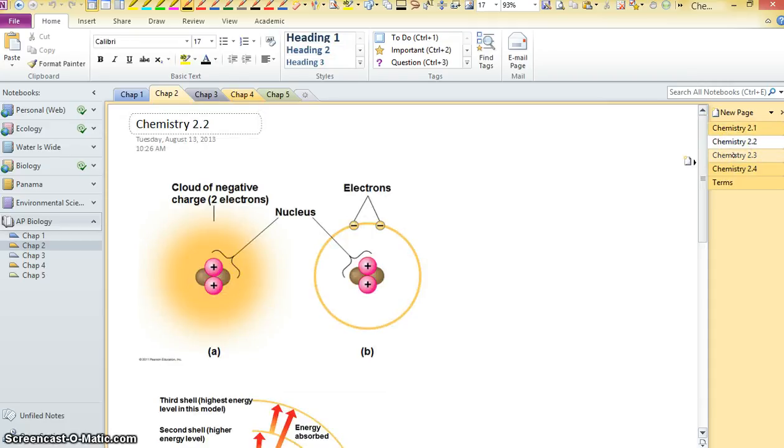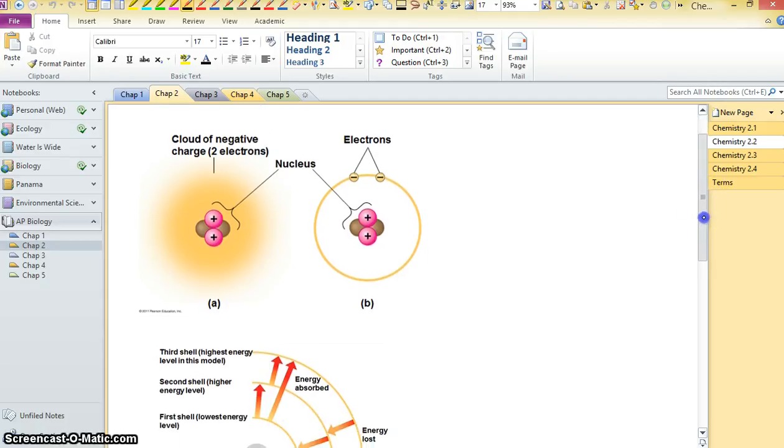Just some review. As we know, elements have subatomic particles. Of course, the protons and neutrons in the nucleus give the atom the vast majority of its mass, and then the electrons orbiting around, with their negative charge, contribute almost nothing to the mass of the atom.